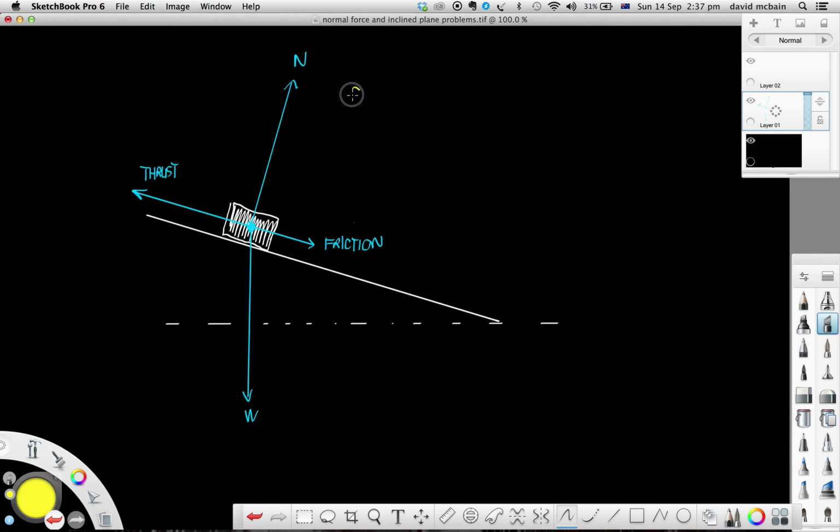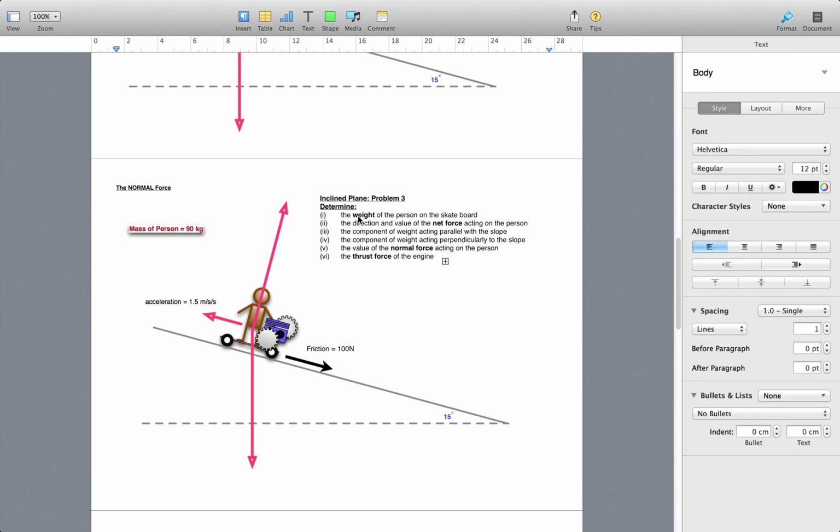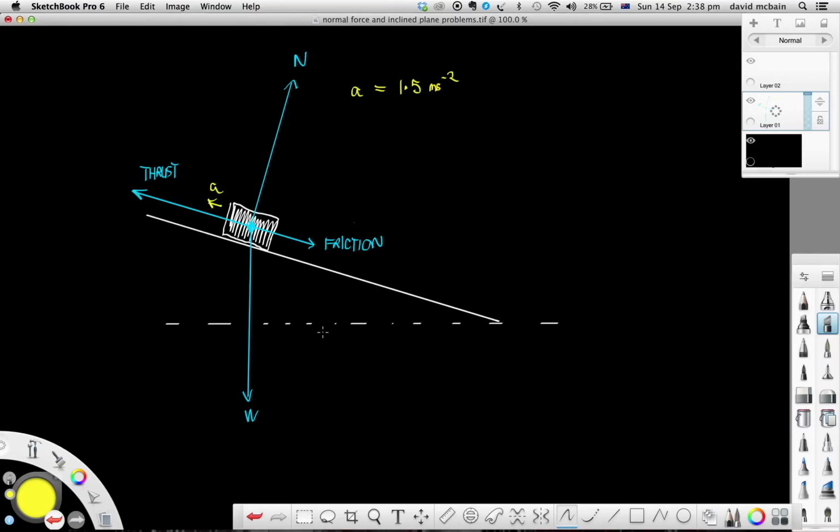Okay, so because we know the acceleration and we know the mass of the skateboard, which I believe is still 90 kilograms, let's just check. Yep. We can now work out the net force. And remember, the net force must be in the same direction as the acceleration. So I'll just draw that in to make that point. So net force is in that direction there.